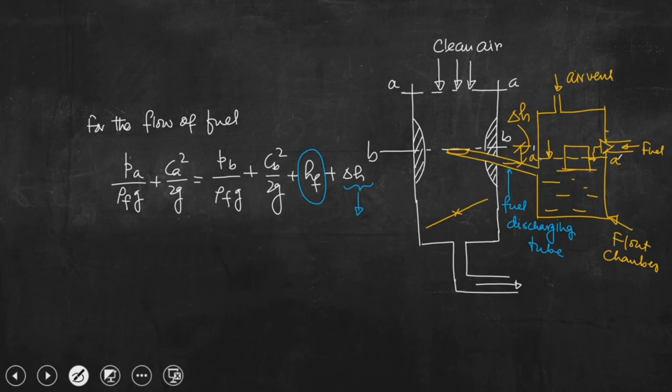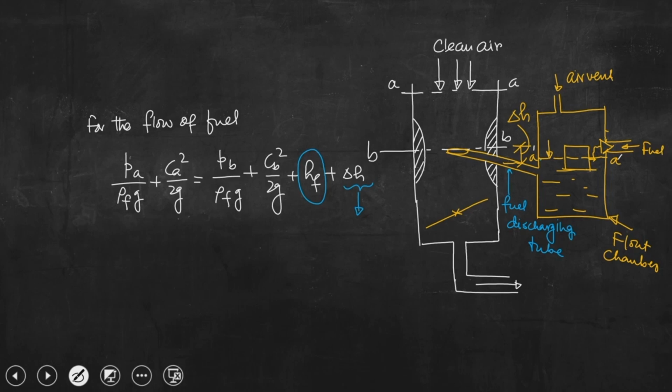So, if the difference between this orifice of the fuel discharging tube and this height of the fuel in the float chamber is delta H, then that is taken care of in this equation.